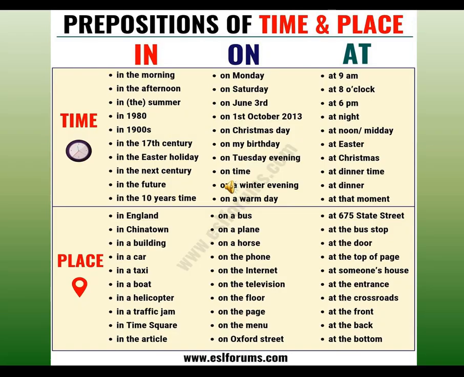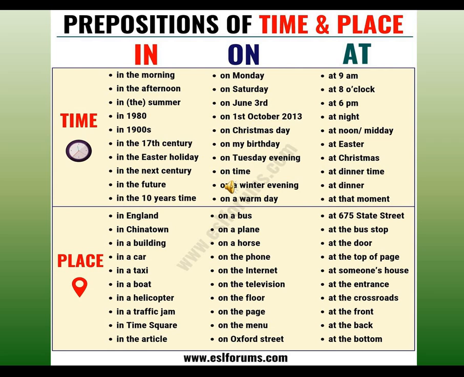Now students, let us have a look at some of the prepositions that can be used in both time and place. Some of those are in, on, and at. In case of time, the word in can be used as in the morning. And in case of a place, it can be used as in England. You have to read both the things together.